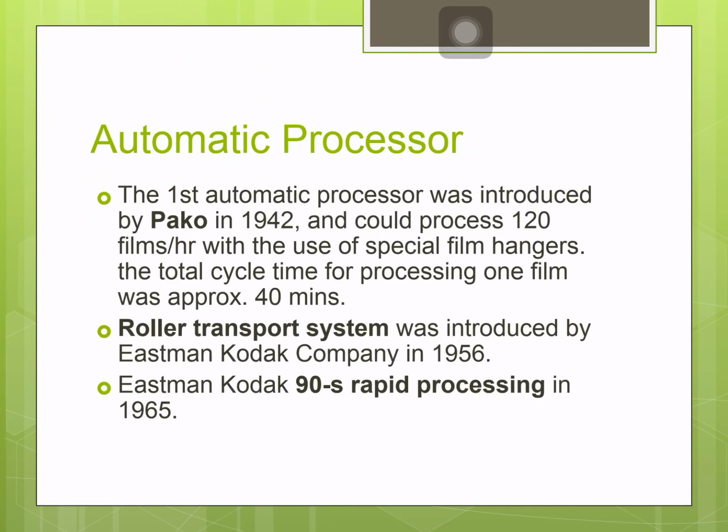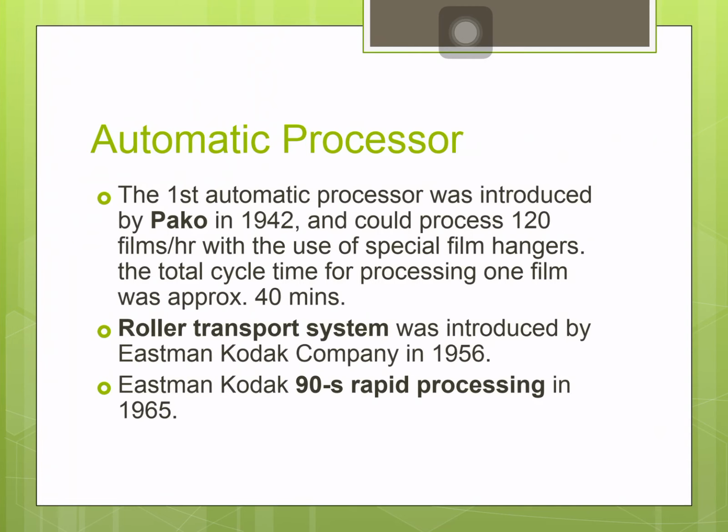So, yung total cycle time for processing one film noong 1942 was approximately 40 minutes. Sobrang tagal ng processing time niya. Therefore, noong 1965, again, the Eastman Kodak developed another automatic processor which have a 90-second rapid processing.